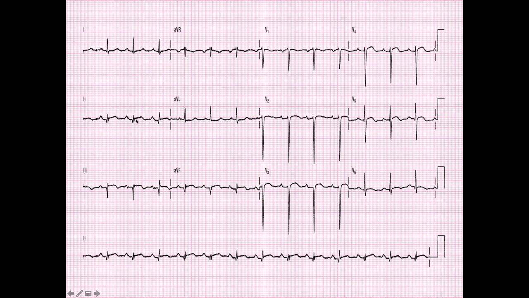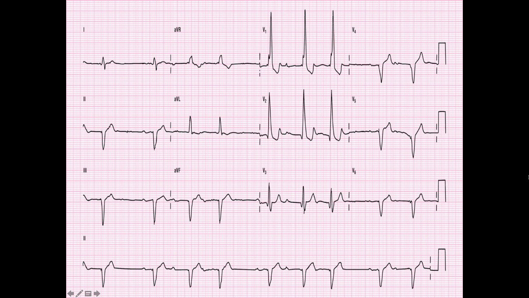So yes, it is consistent with every beat. And yes, we have one P wave for each one QRS complex. So here we have a normal sinus rhythm with a first degree AV block, because all we have is just a lengthened PR interval.